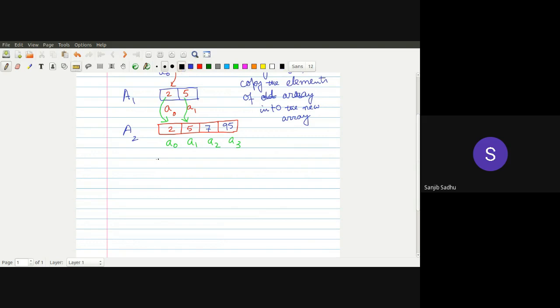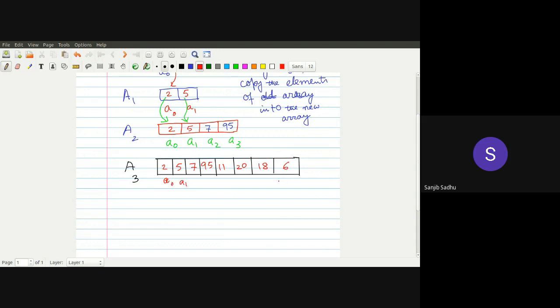Say, 1 2 3 4 5 6 7 8. So here this is A3, and these elements are suppose 2 5 7 95, then 11 20 18 6, and these are the elements.